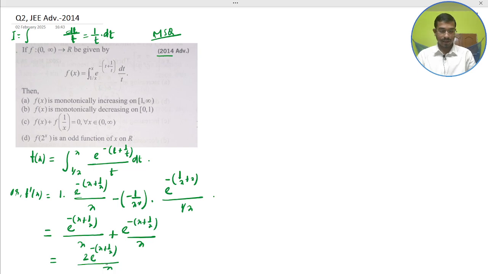This would become the final calculation. So here, the f dash x, first order derivative of this function, is greater than 0. This is positive, this is the plus here, for all x belongs to 0 to infinity.